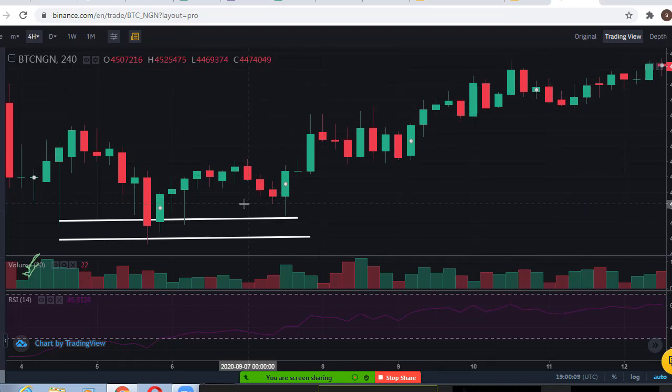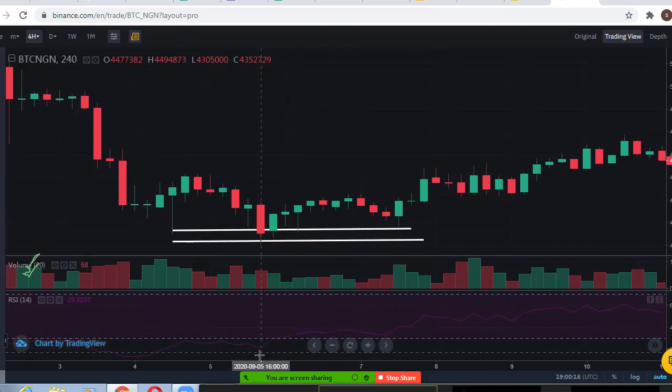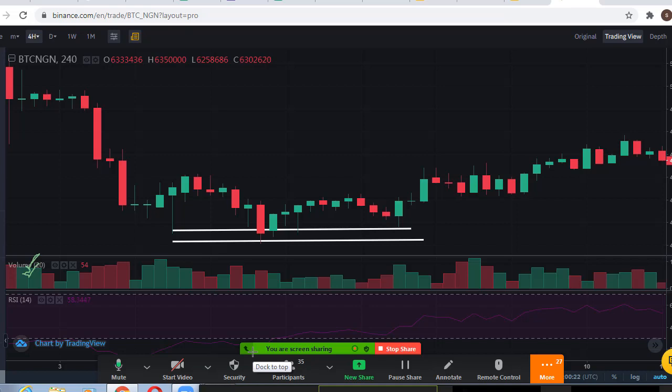That means if you want to buy, the good time for you to buy this asset is when the RSI is at oversold, because it means that the market has already been selling for a long time, and that it is going to reverse soon, and you should prepare for a buy.